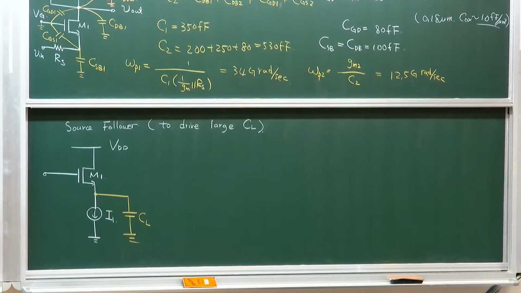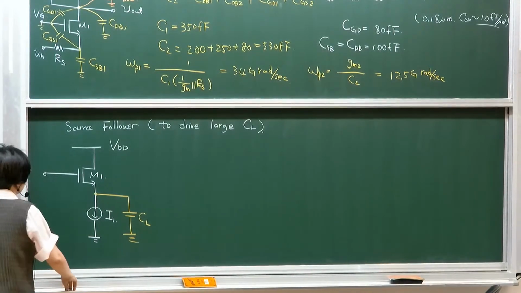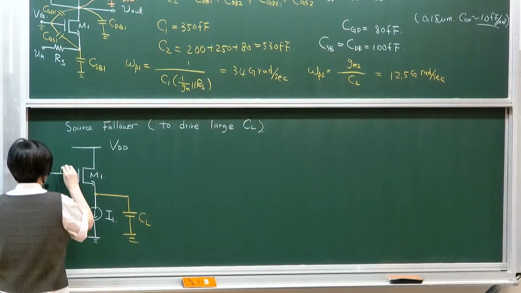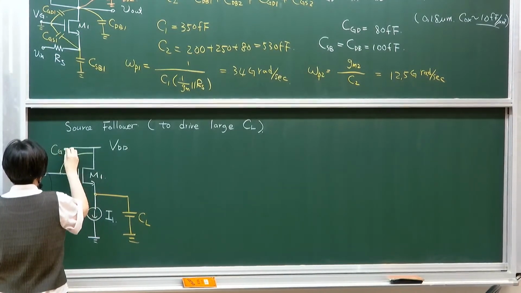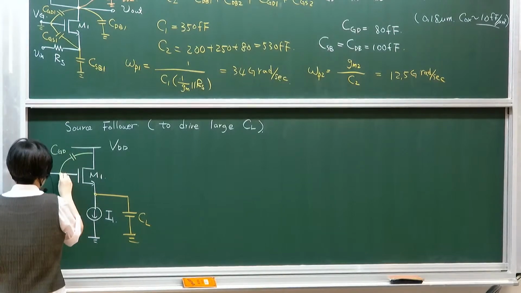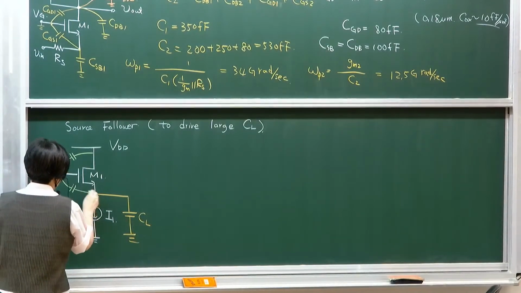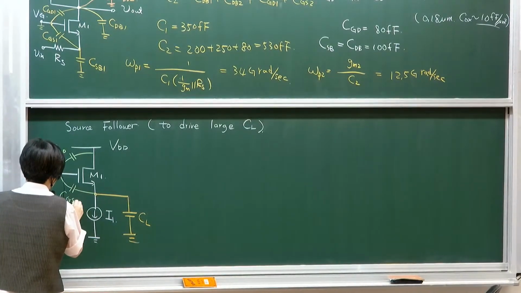Okay? And then we can add the parasitics. So there's two: there's CGD and there's CGS.